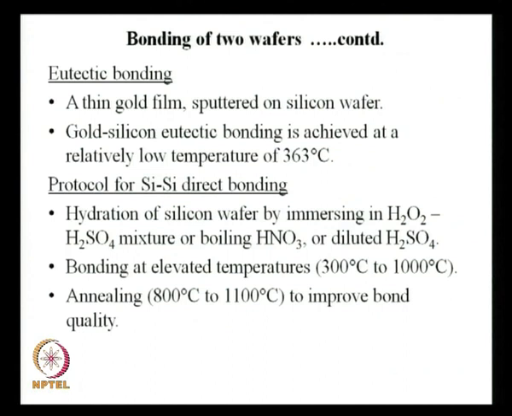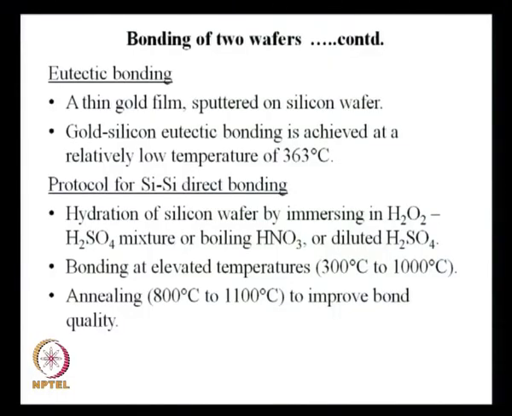That way, if you use the gold silicon eutectic, if you apply a gold layer between two silicon layers, since gold forms a eutectic mixture with silicon and it follows a different temperature, it will not melt at the temperature silicon dictates. So you can take advantage of that and get this bonding done at a relatively low temperature, 363 degrees centigrade.